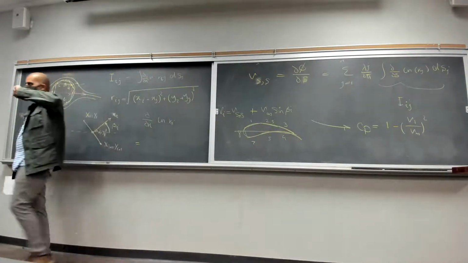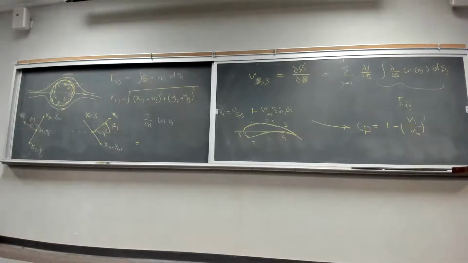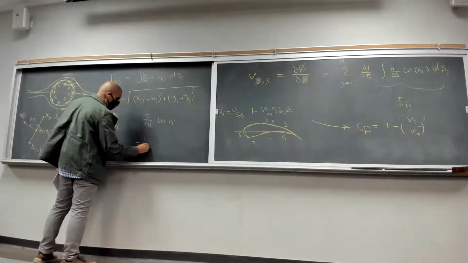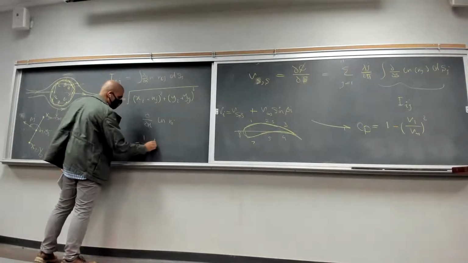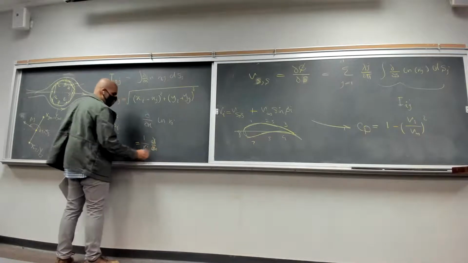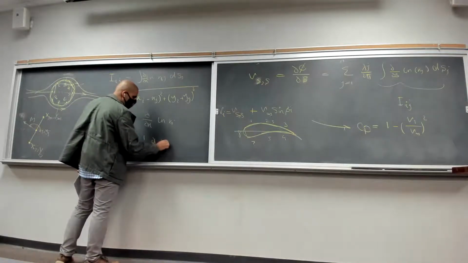Partial n of natural log of R. It will be the derivative of R divided by R, right? So 1 over Rij, times the partial n of Rij.